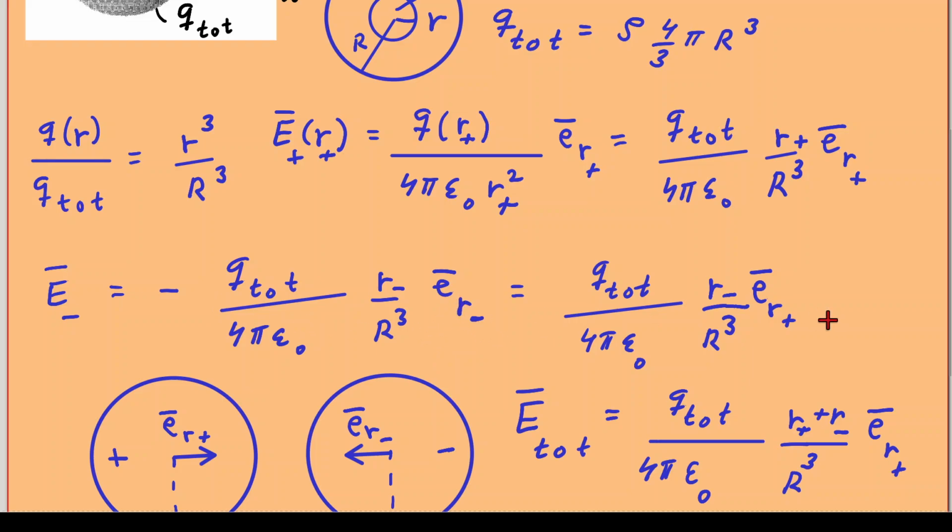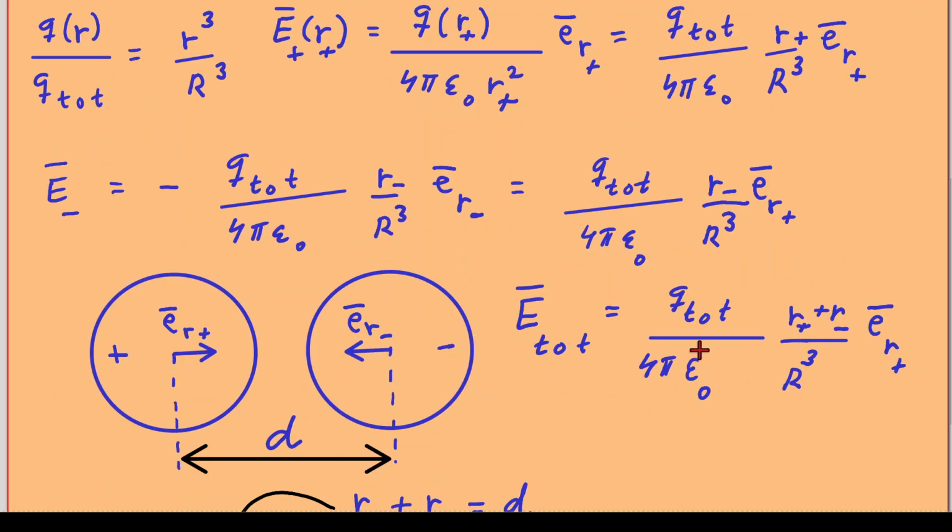So they cancel out. So it's this one, now in the same direction, ER plus. So then we can sum E plus plus E minus. So let's do that, and then you get this result here.